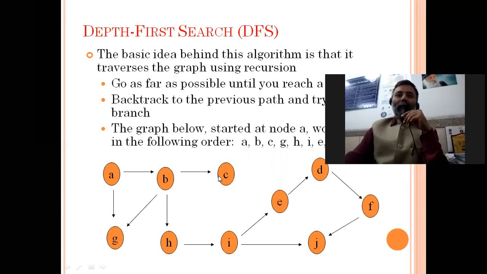We will backtrack, and again we can go here or here. Suppose we go here, then it is again a dead end, with no outgoing edge. If you go here, then you can have this path and we can traverse. So this is the meaning of dead end. Okay.